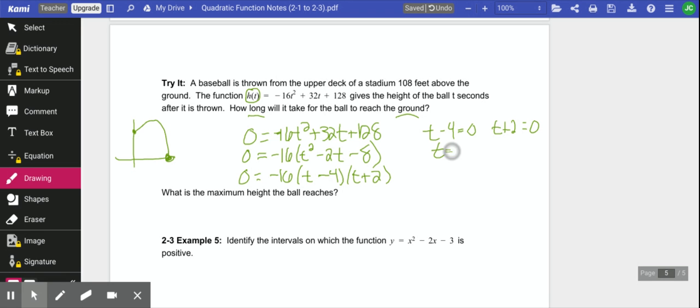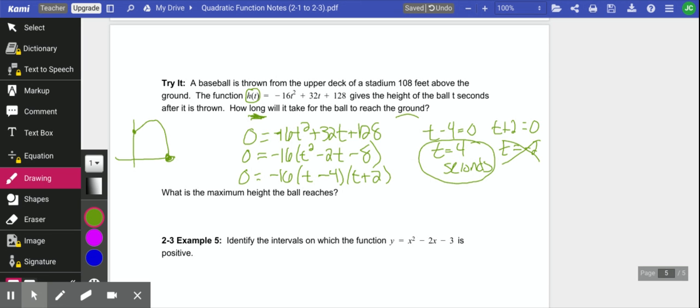Add 4 to both sides, we get 4. Subtract 2 from both sides, we get negative 2. Remember, we're looking for how long it takes, a time, so negative 2 doesn't make any sense. So 4 seconds.